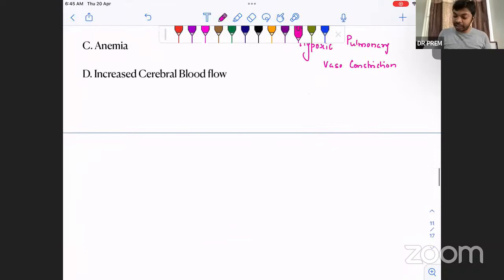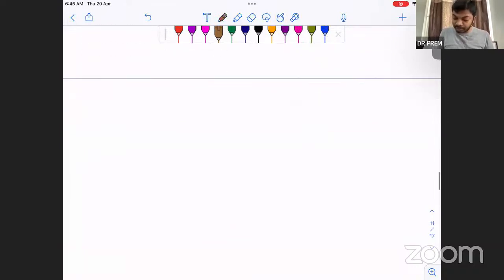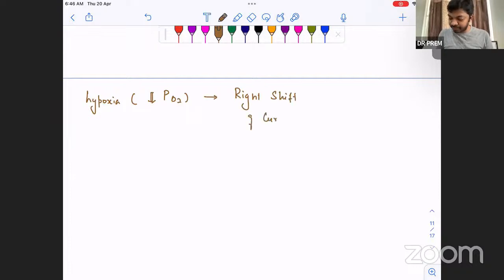What happens to the oxygen hemoglobin dissociation curve? People, this is quite important. Whenever there is hypoxia, as a consequence of decrease in partial pressure of oxygen, there is going to be a right shift of the curve.